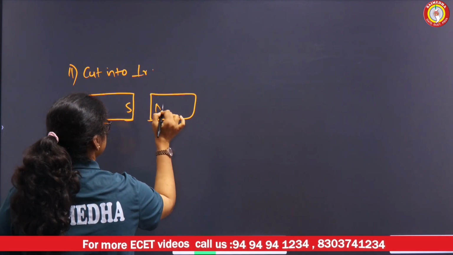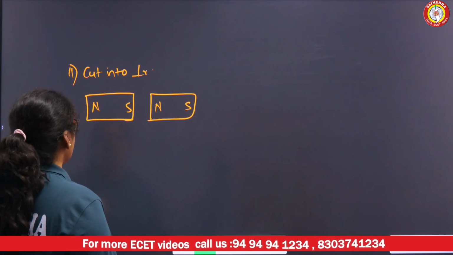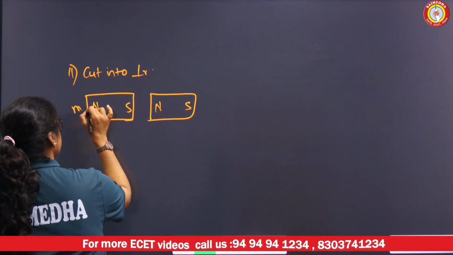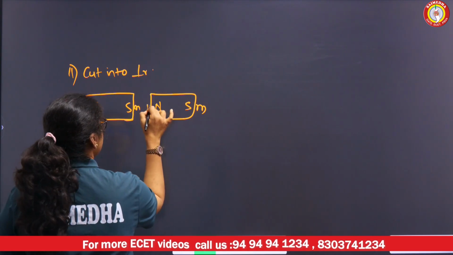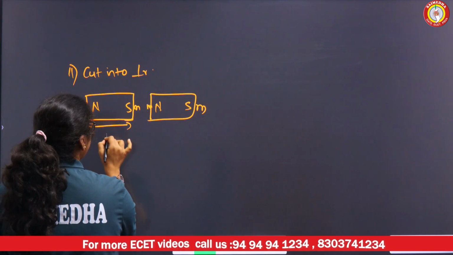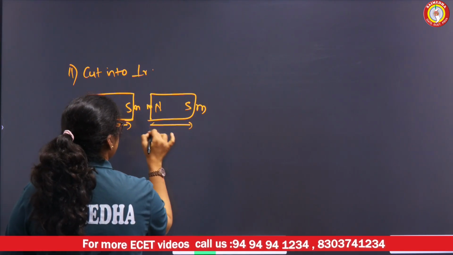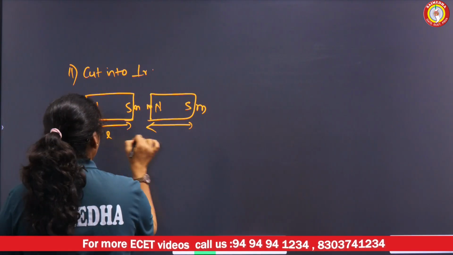Yes or not? So north south, here also we'll have north south. Clear? So I'll have some pole strength here, and we have the pole strength here also. Now what's the length here? Actually 2L. Will the length be changing or not? Yes, the length will be changing, like L and L.